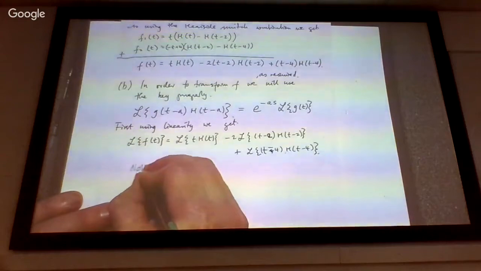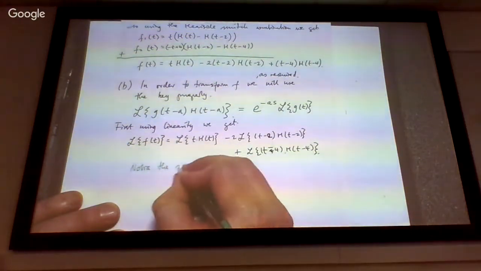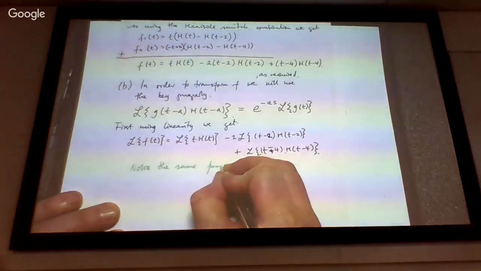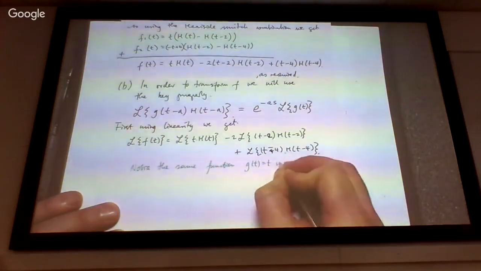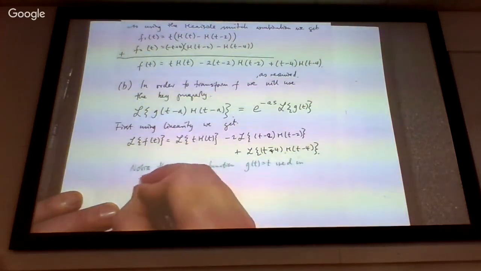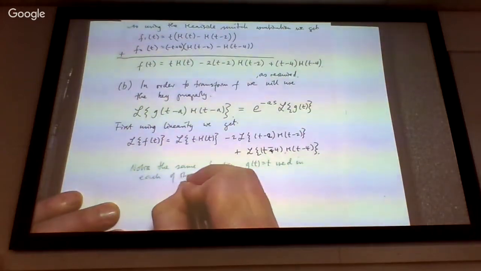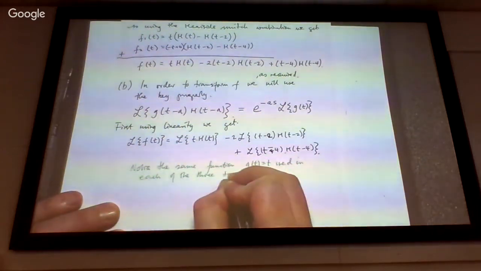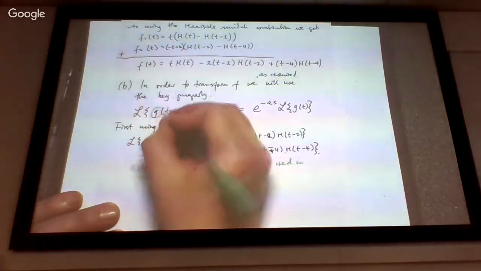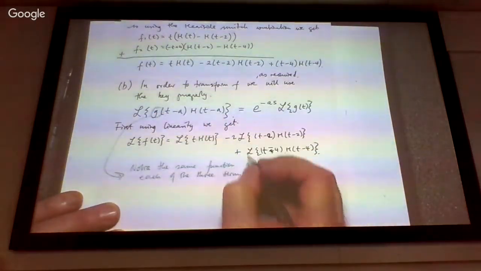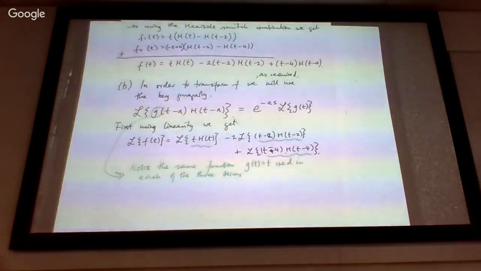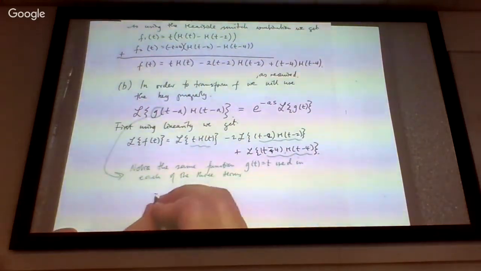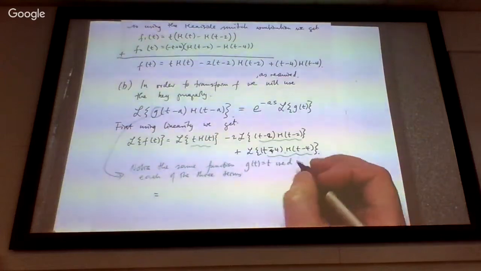So notice the same function g of t equals t is used in each of the 3 terms, just a different value of a each time.